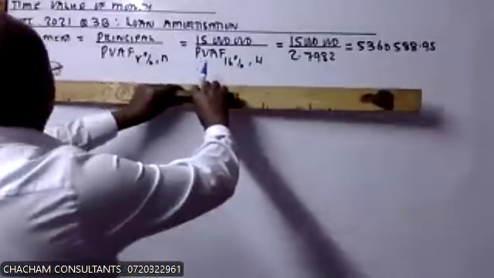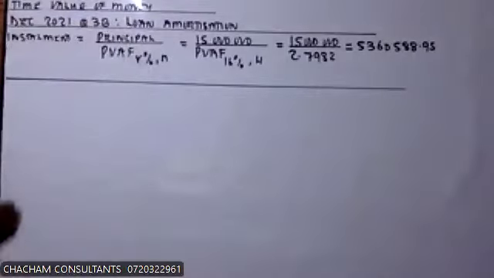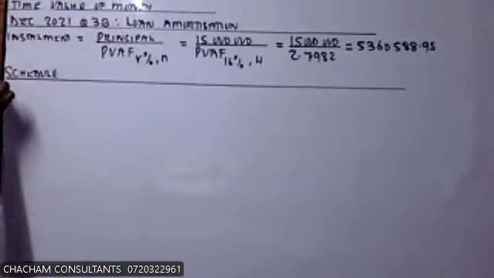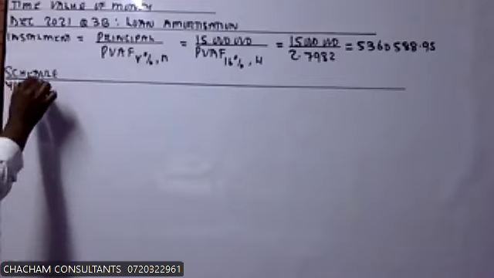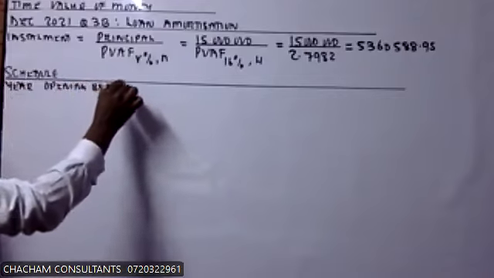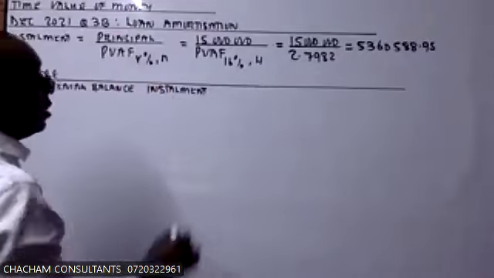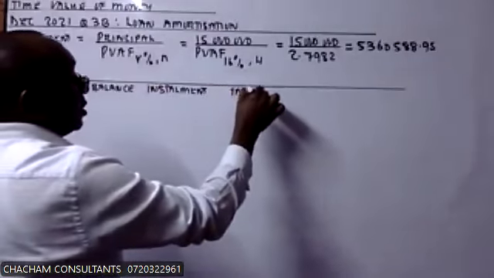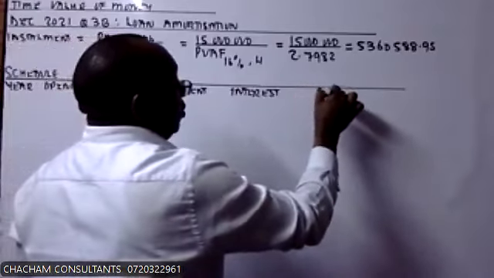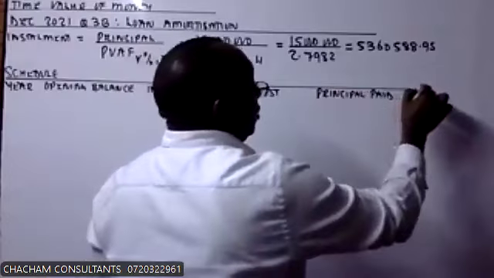So the next thing is now to draw the schedule. In the schedule, we obviously have the year, the opening balance, the installments, the interest, the principal paid, and the closing balance.